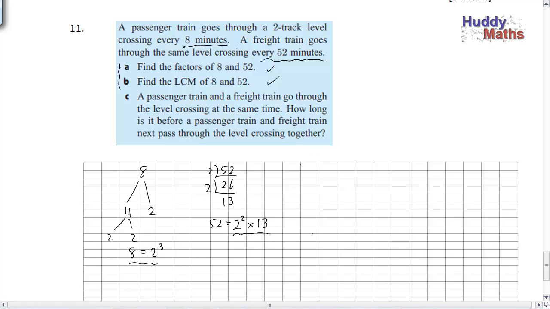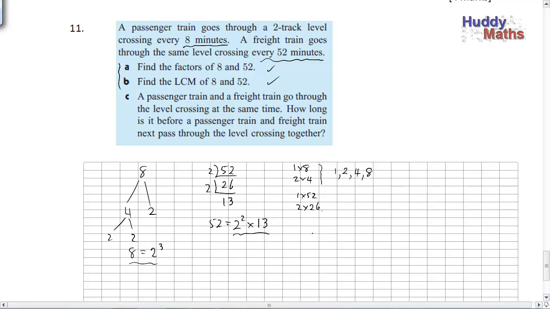So 8 is going to be what? 1 by 8, 2 by 4, and that's it. Okay, so our factors are 1, 2, 4, and 8.